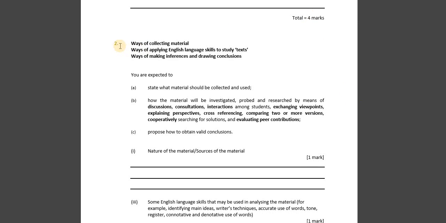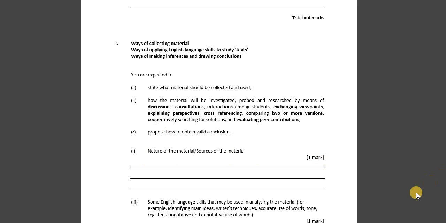Now section 2, ways of collecting material, ways of applying English language skills, and ways of making inferences and drawing conclusions. State what material should be collected and used, and how the material will be investigated, and the nature of the material sources.